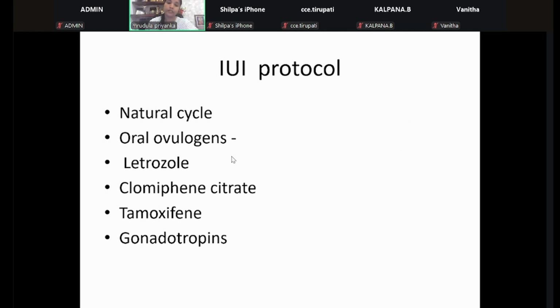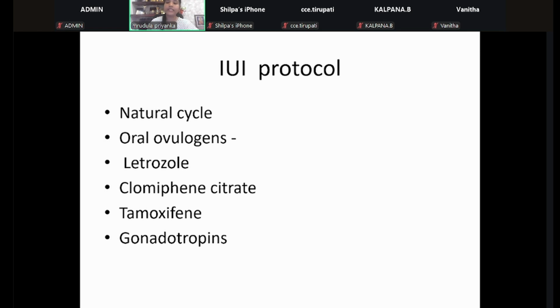Then coming to ovarian stimulation, we can do it with the oral ovulagents. Most commonly used nowadays is letrozole. It's an aromatase inhibitor. It acts by inhibiting aromatase, which converts androgens to estrogen.